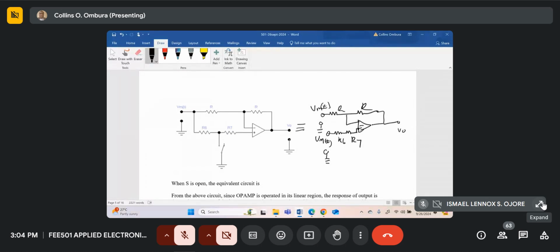It's like having an amplifier with two inputs, one connected to the inverting input and one connected to the non-inverting input.